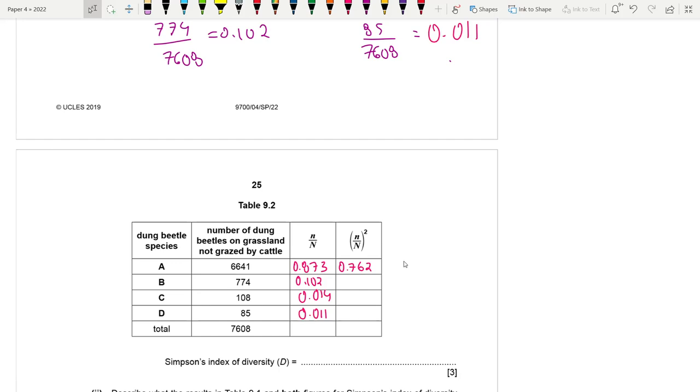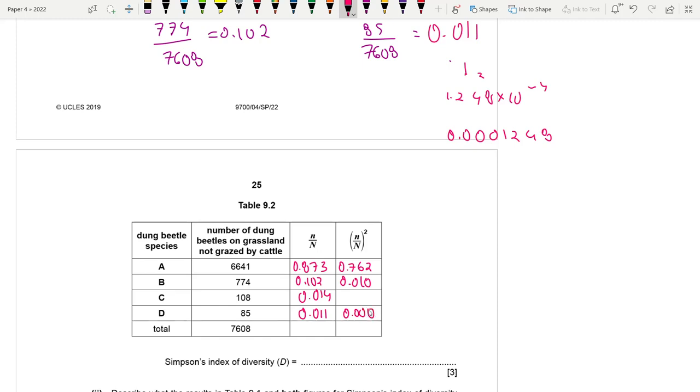Then 0.0104, so it's 0.010. I'm doing the last one first. This square is 1.248 times 10 to the power minus 4, so that's 0.0001248, which is 0.000.